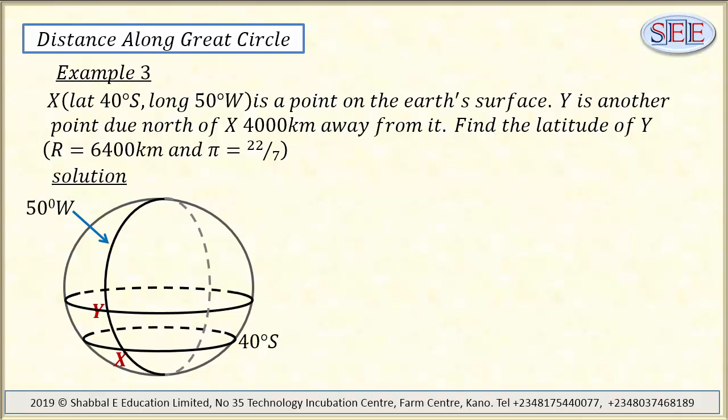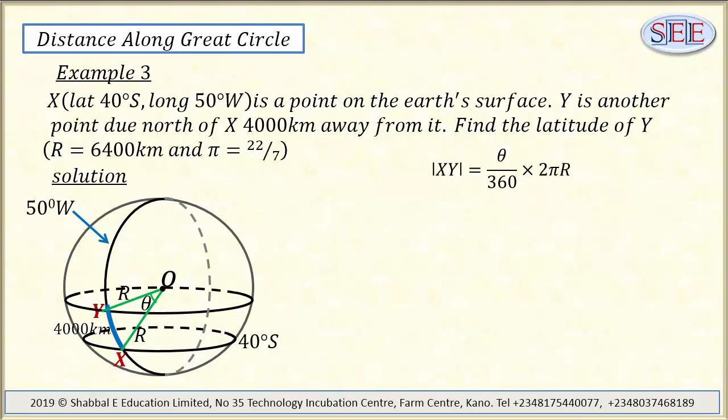So let me mark this as the latitude of Y and move ahead. The distance between X and Y given in the question says Y is 4,000 kilometers away from it. So the length of arc XY is 4,000 kilometers, and that arc obtained an angle theta. So the length of arc XY is given by the formula theta over 360 multiplied by 2 pi r.